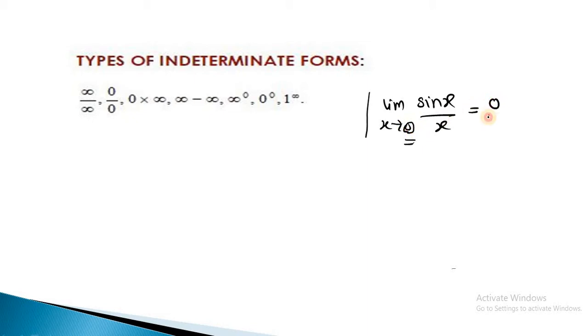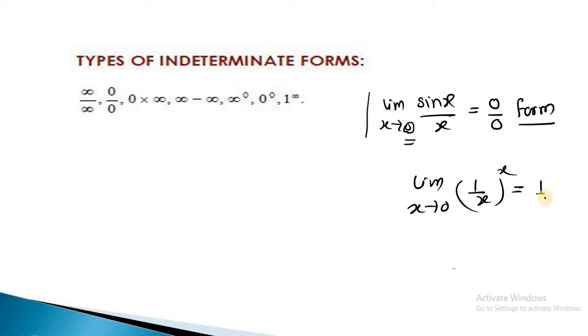Sin 0 is 0 upon x is 0, so it is a 0 by 0 form. Or the limit as x tends to 0 of 1 by x raised to x. The limit of this is 1 by 0 raised to 0, which means infinity raised to 0. Such forms are known as indeterminate forms, and we can convert the limit of an indeterminate form into a finite limit.